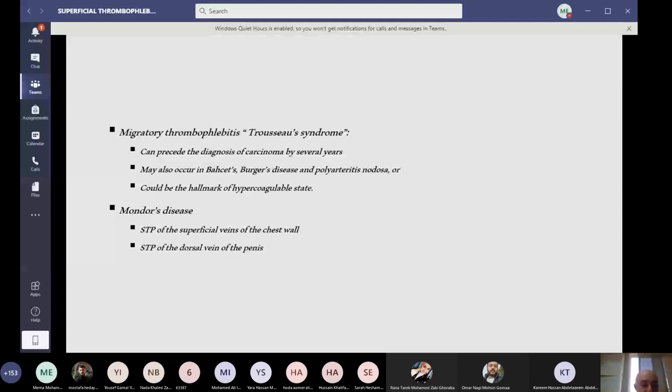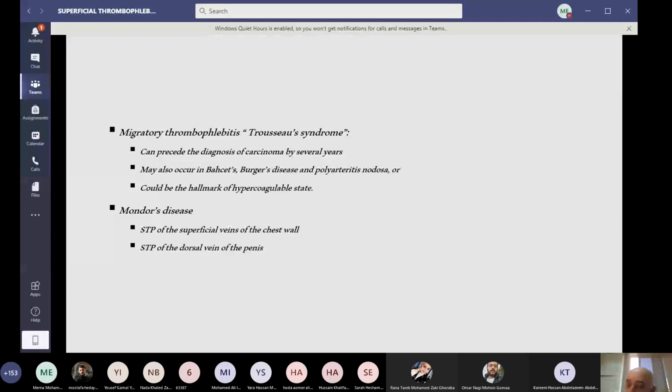What about this Mondor's disease? Mondor's disease, some of the clinical curiosity and a place for oral exam questions, is superficial thrombophlebitis of the superficial veins of the chest wall. Also, the term Mondor's disease is applied if the superficial dorsal vein of the penis is involved by superficial thrombophlebitis. This is termed Mondor's disease.